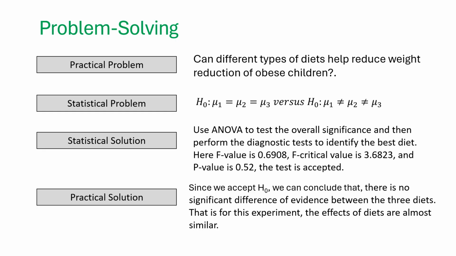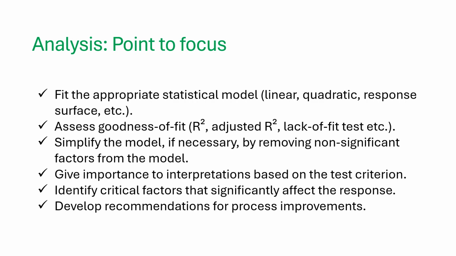And this conclusion is for this particular data, for this experiment, and don't consider this to be a generalization. If you have different data, a different context, a different experimentation similar to this, probably you may get a different conclusion.